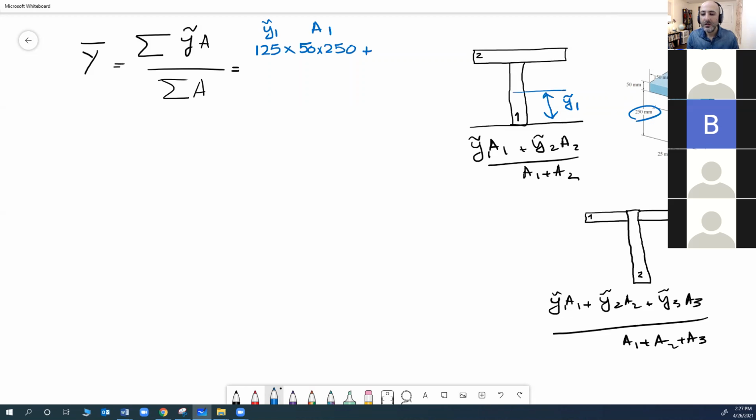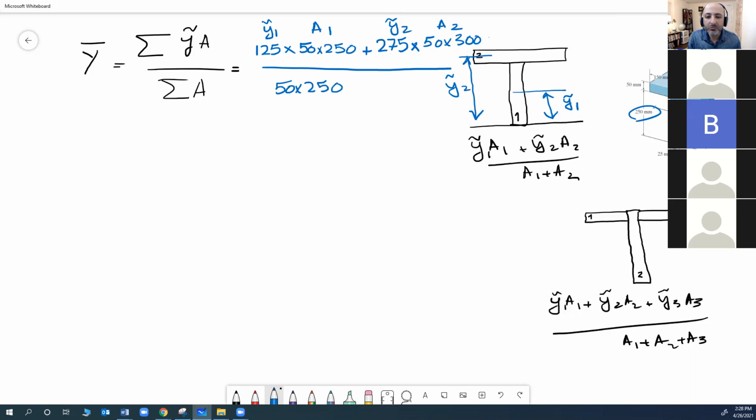Plus y tilde 2 is this one right here, which is 250 plus half of 50, 275. And then area 2 is just going to be 50 multiplied by 300. So this is y tilde 2, this is area 2. Total area, 50 by 250 plus 50 by 300.